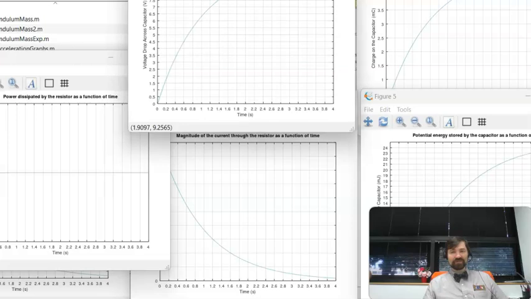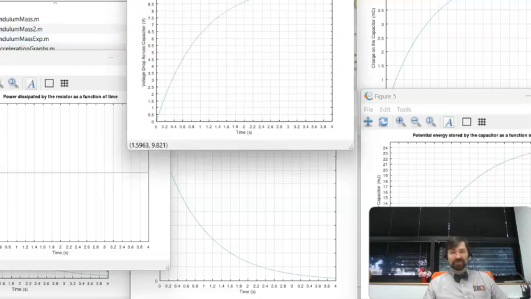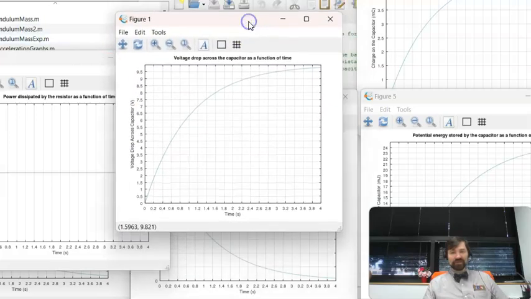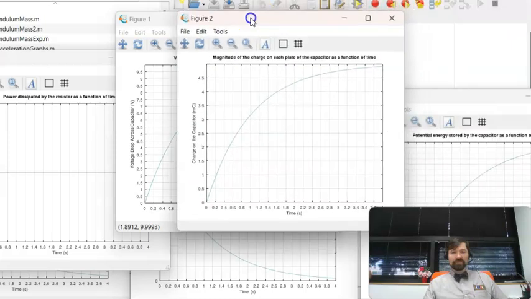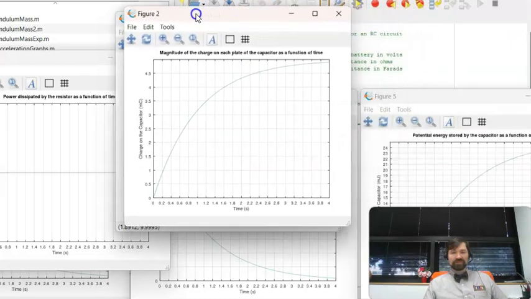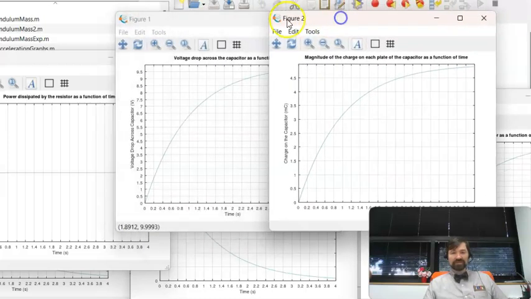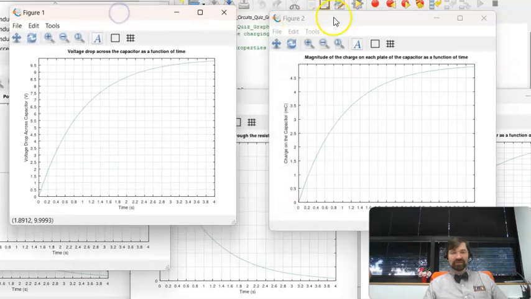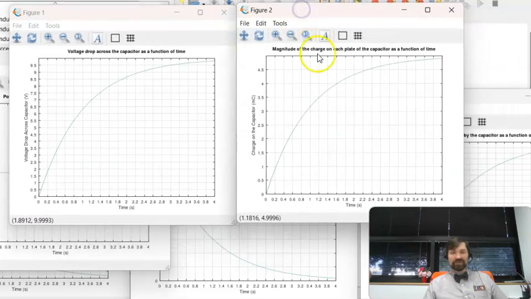The figures fill up more space than the recording on my screen share. Figure 1 is the voltage drop for the capacitor. Figure 2 is the charge on the capacitor. You'll notice that these two graphs look very similar.